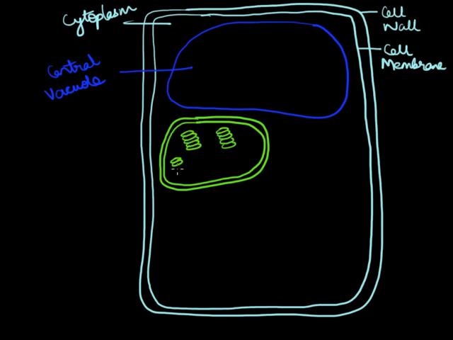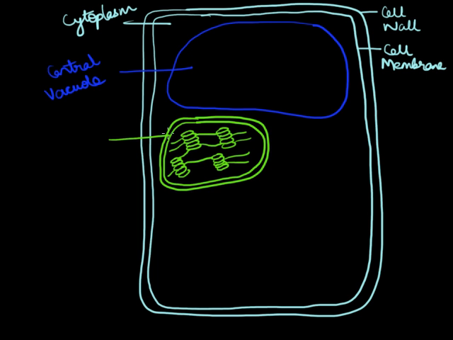These stacks are called grana, and each of those coin shaped structures is called a thylakoid. These grana are connected to each other by a set of membranes, and these membranes also extend from the grana into the matrix of the chloroplast.